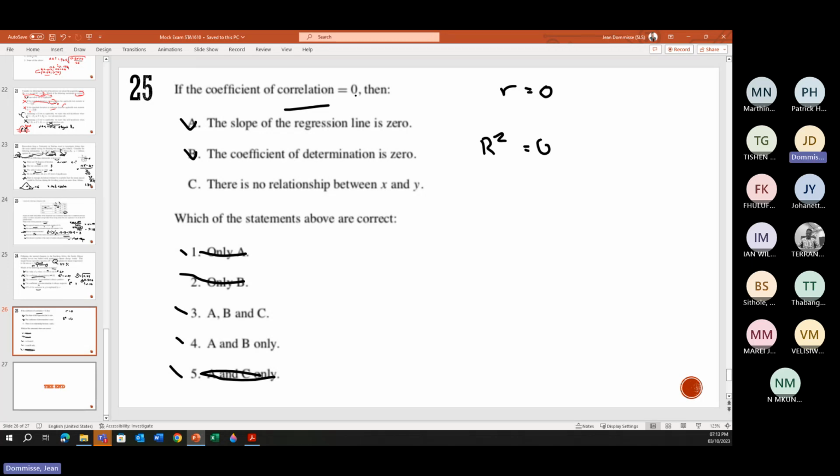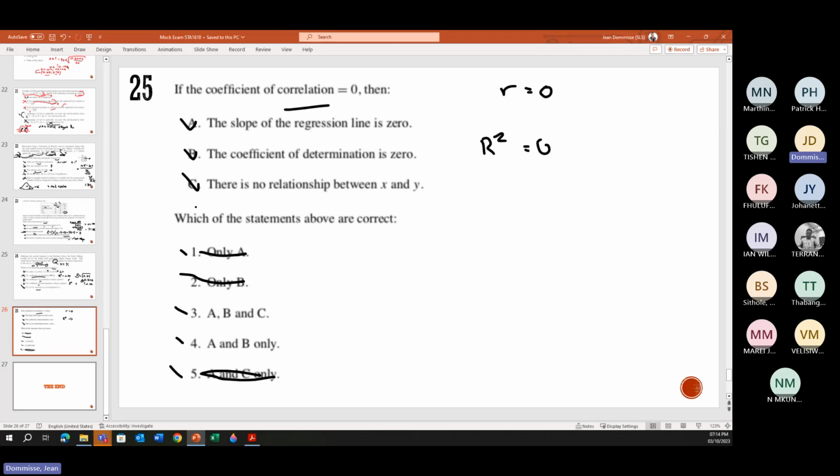If coefficient of correlation is 0, there is no relationship between X and Y. Correct or not? I would say correct. So there is no relationship. If it was 0.1, then there is a relationship.